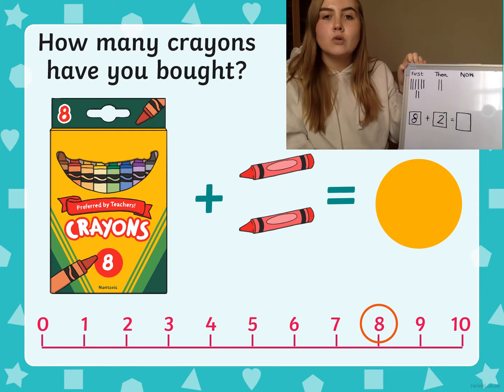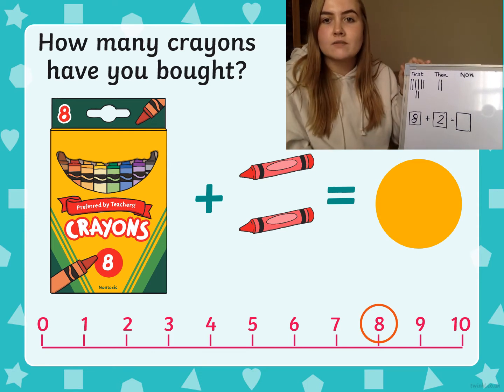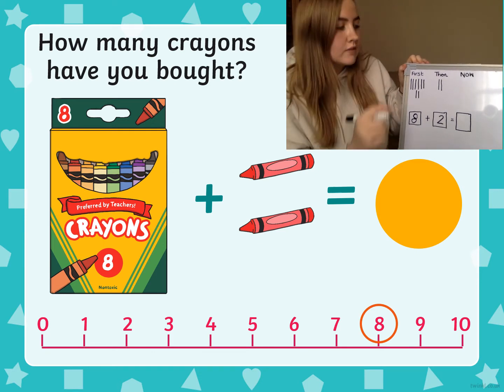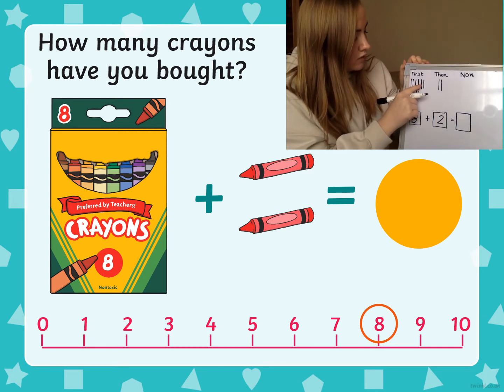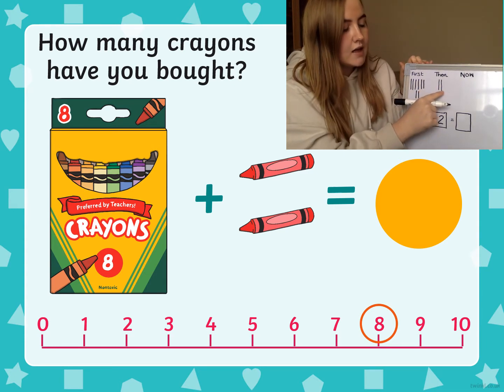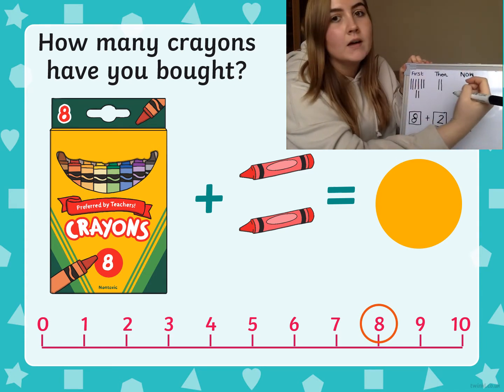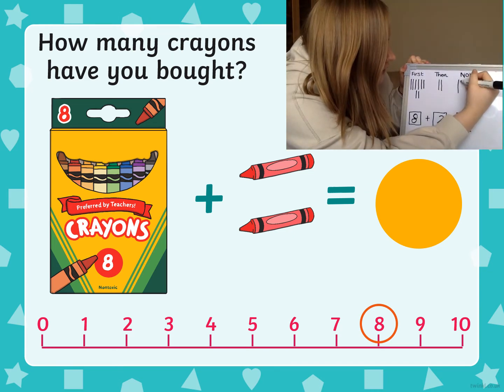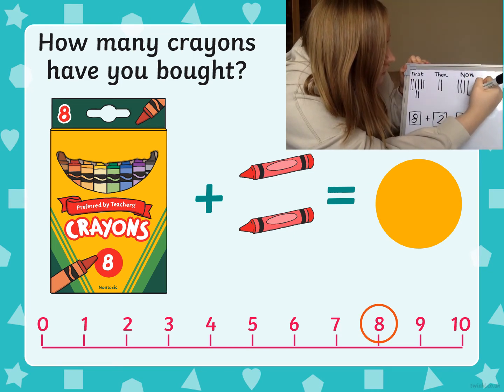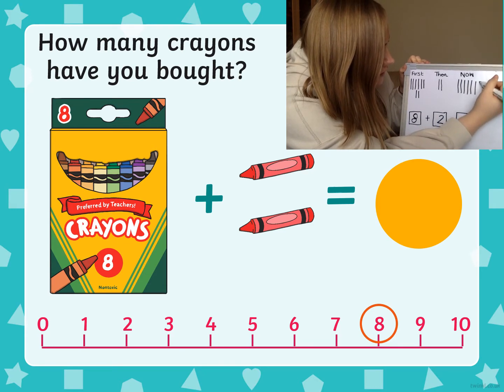If I put them all together, put all your objects together, how many do we have? So let's count them. 1, 2, 3, 4, 5, 6, 7, 8, 9 and 10. So now we have how many crayons all together? 10. Amazing.